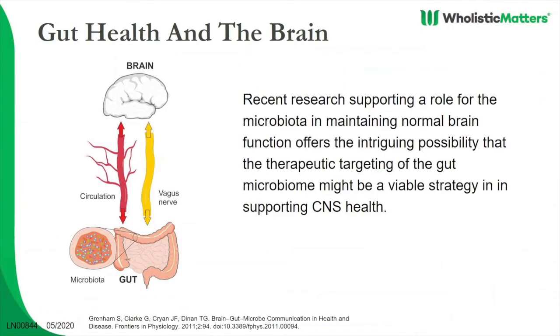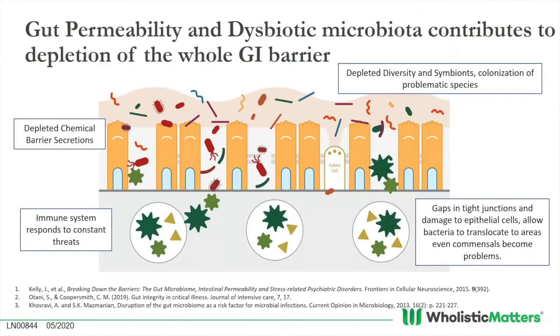And this is really important because in recent years, we've outlined this really important connection between the gut and the brain. And this is mediated through the vagal nerve and circulation. The microbiota within the gut and the things they produce are capable of influencing other organs, particularly the brain.